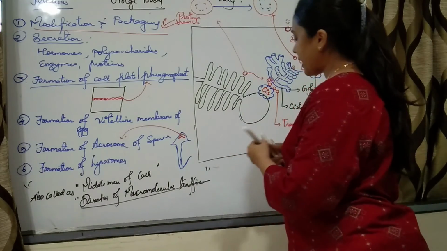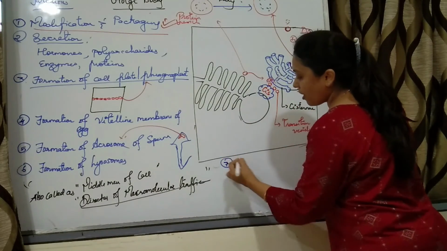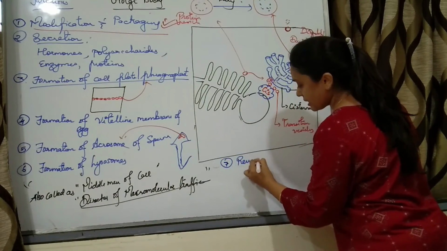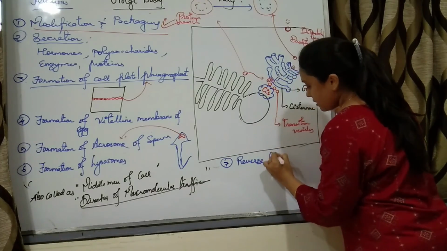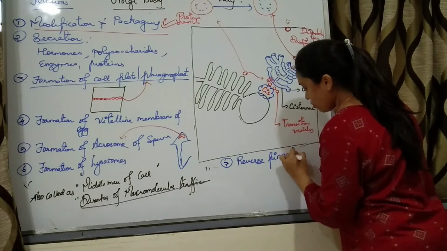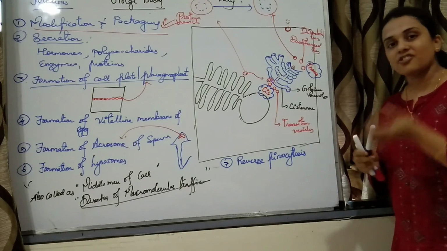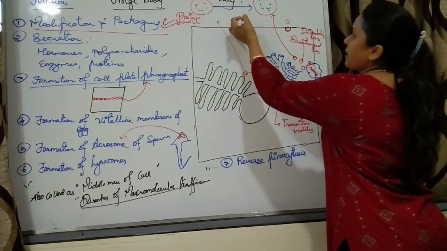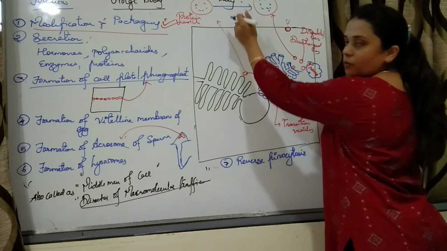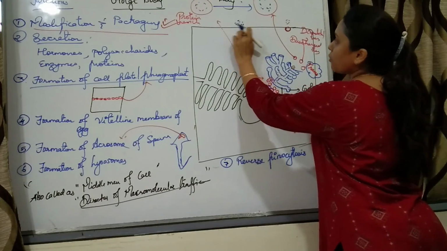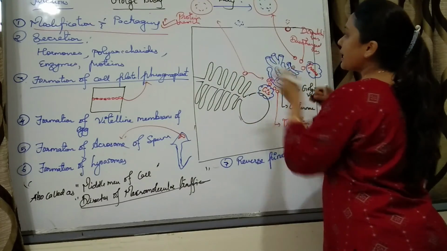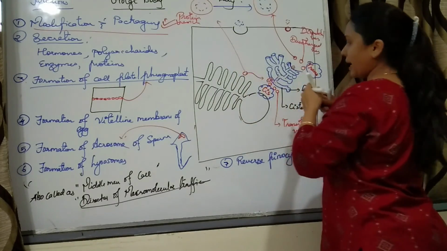And that is why we can say that the function of the Golgi body is reverse pinocytosis. Pinocytosis is cell drinking, right? If there is something over here and the cell wants to take it, there is invagination, right?